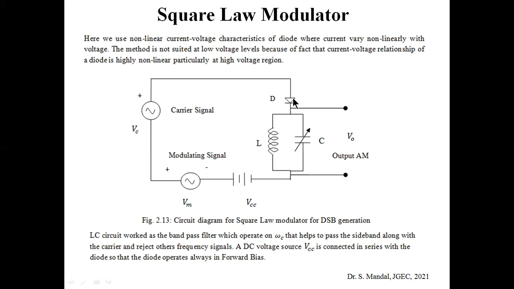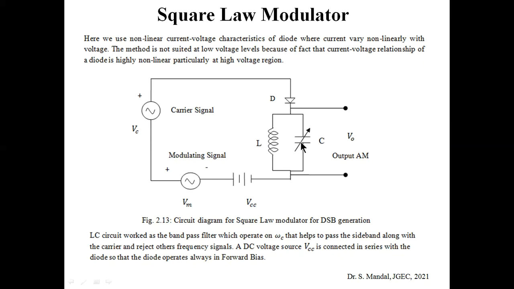Okay, now just remember that this is the corresponding circuit diagram for the square law modulator, where the carrier signal and modulating signal are connected serially, and this one is the corresponding nonlinear device, that is the diode, and this is the LC circuit that can be tuned.